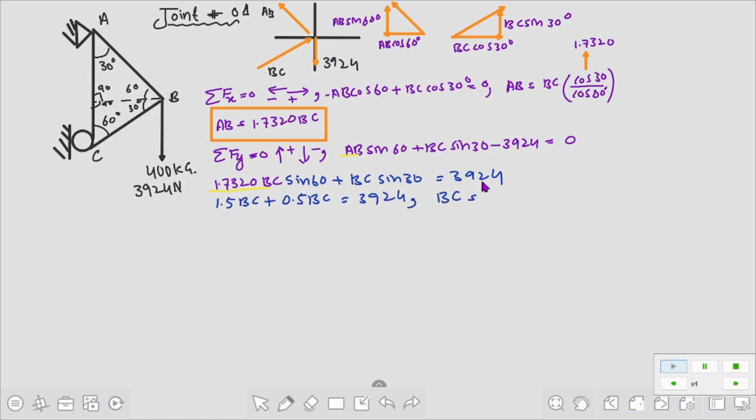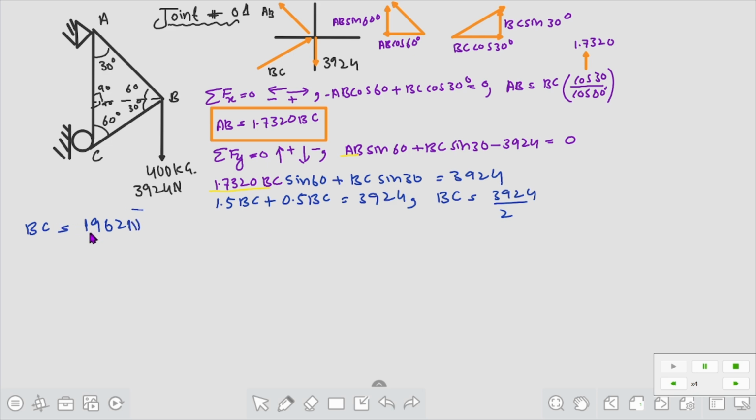So 3924 equals 1.7320 multiplied by sin 60, which is 1.5 BC, plus sin 30, which is 0.5 BC. So BC will become equal to 3924 divided by 2, since 0.5 plus 1.5 is 2.